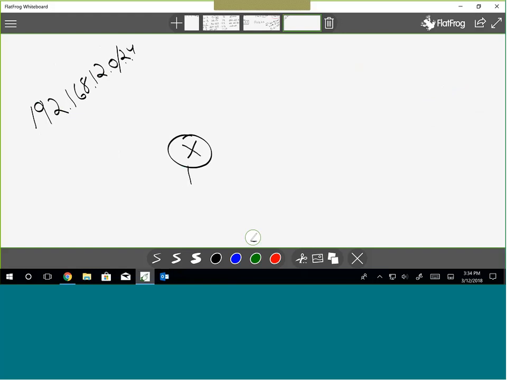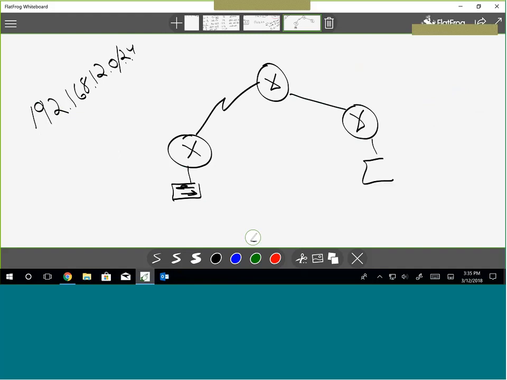There's a switch, here's a router, another router, here's a switch, and here's a switch. I've got one network. What is this? This is a class C, right? Do you agree with me?